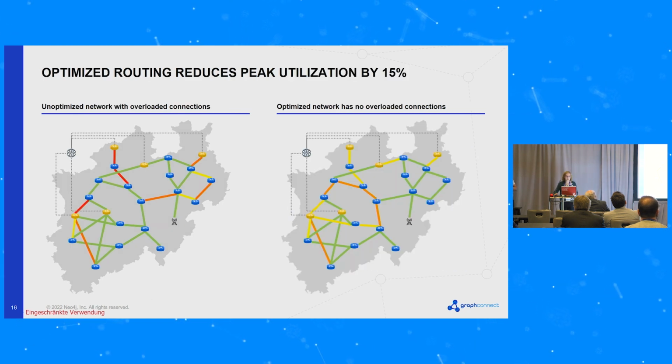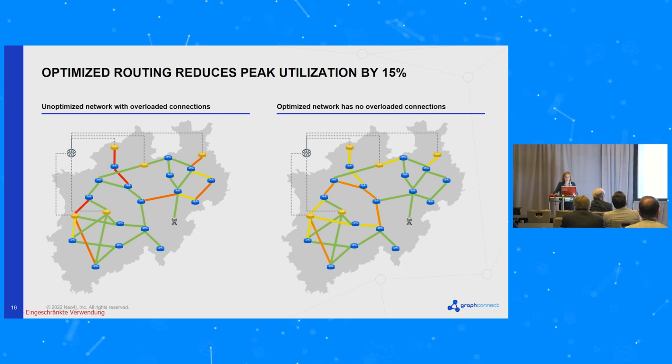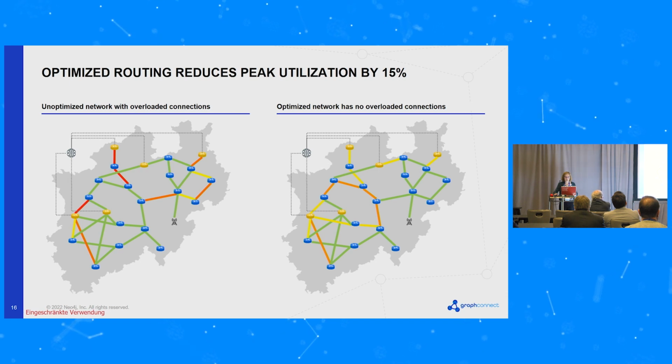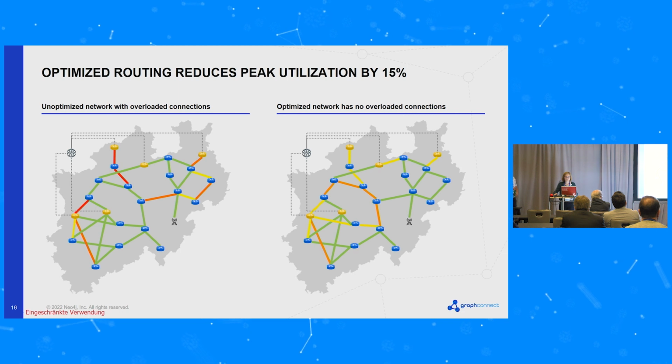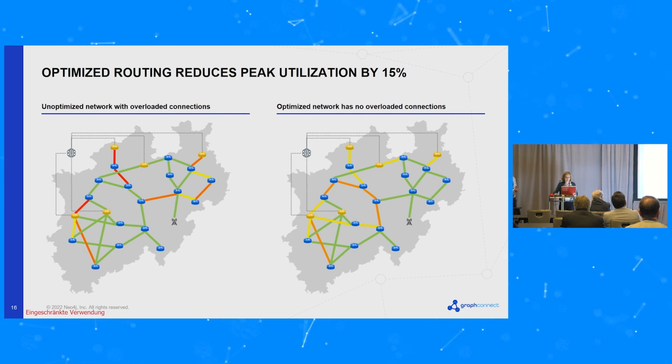And this is what we get after this. Again, we can see these dark red lines, which indicate very high utilization, on the left-hand side. On the right-hand side, you can see how the network looks after the optimization. Now you can see there aren't any of these dark edges left.